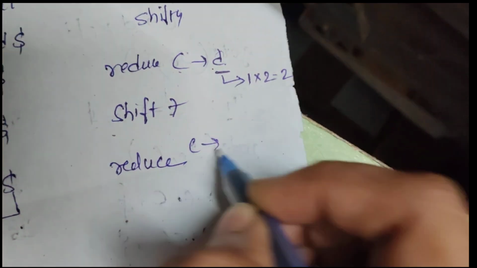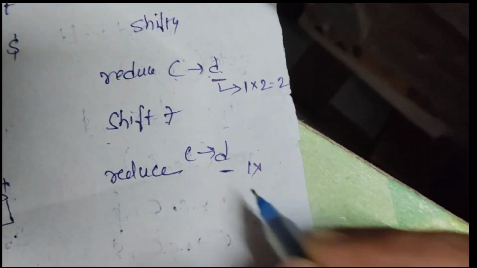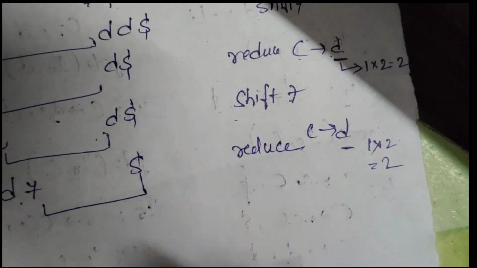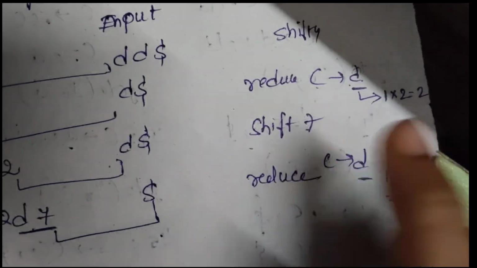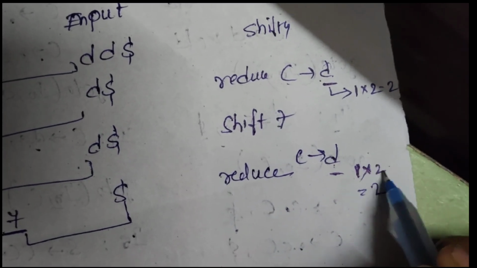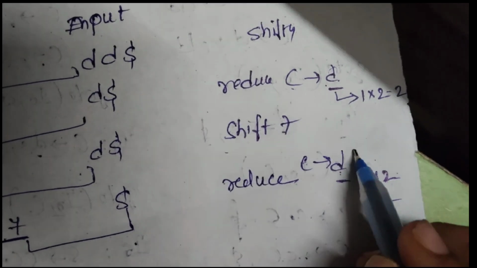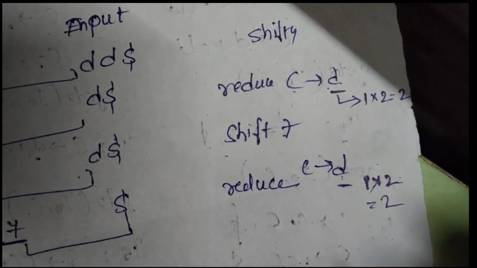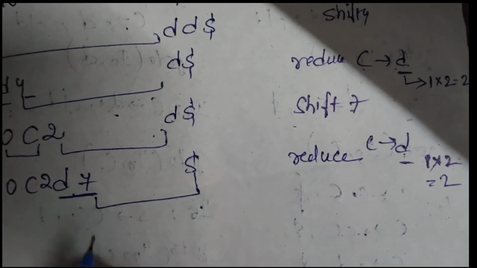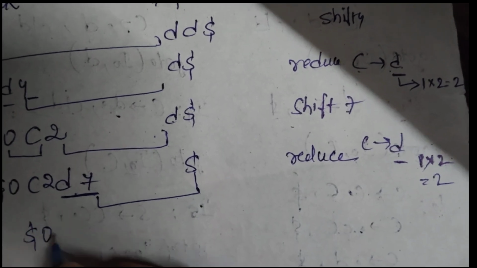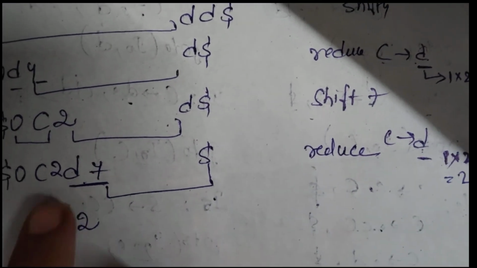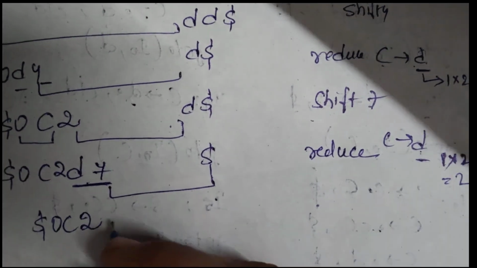So reduce capital C produces D. The length of this element is 1. So 1 into 2 is 2. We need to pop 2 elements. See, when you have 1, you multiply with 2. Suppose we have 2 D's here, then 2 into 2, you need to pop 4 elements. But here only 2 are there, so 2 elements will be popped. So 0 C 2, and we'll push this C here.